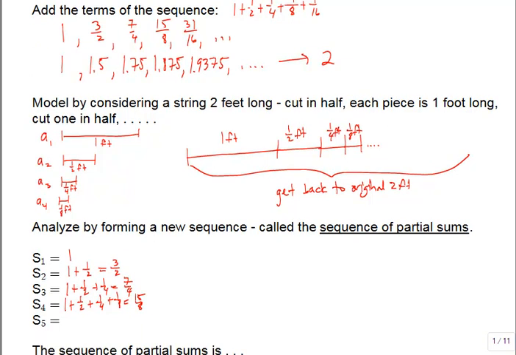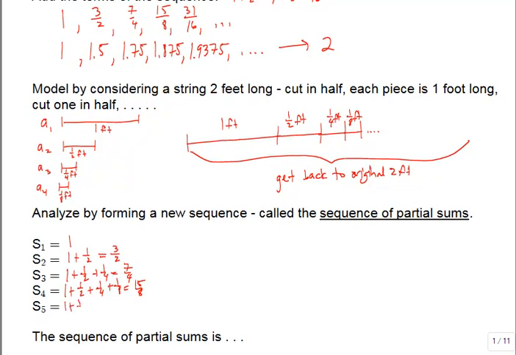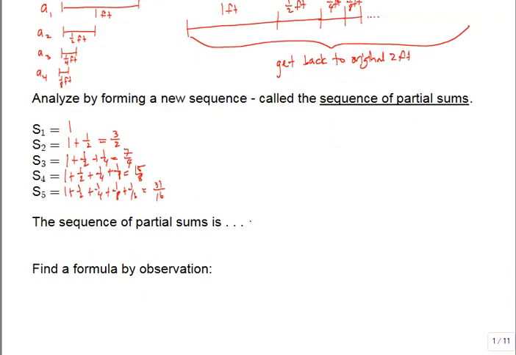And then S sub 5 is 1 plus a half plus a fourth plus an eighth plus a 16th, which is 31/16. So this sequence of partial sums becomes this new sequence: 1, 3/2, 7/4, 15/8, 31/16, and so on.